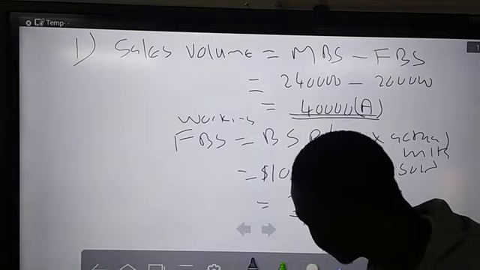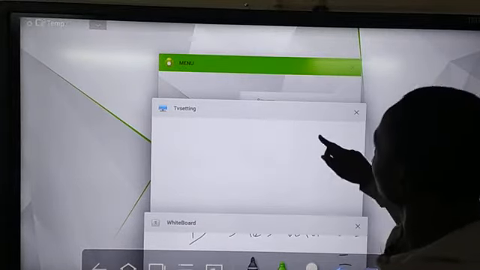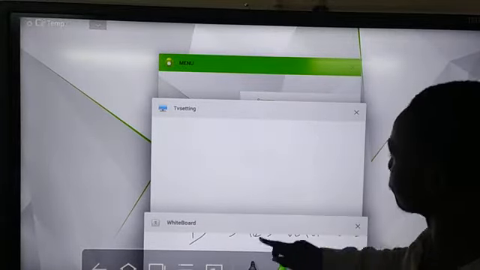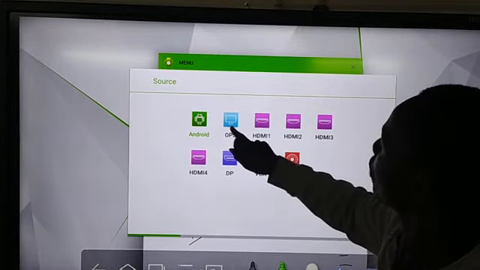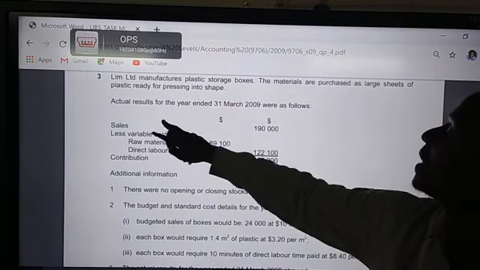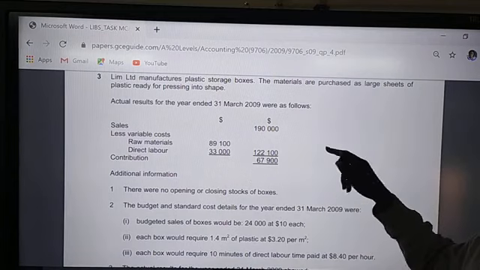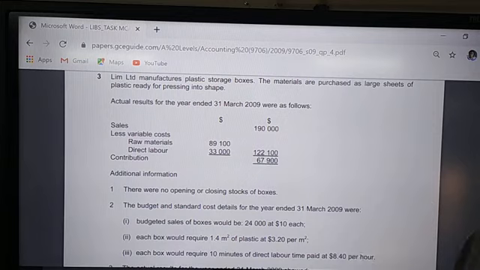If we go back to the question, the actual results for the year ended 31 March 2009 were as follows. Sales were $190,000. That's our actual sales.